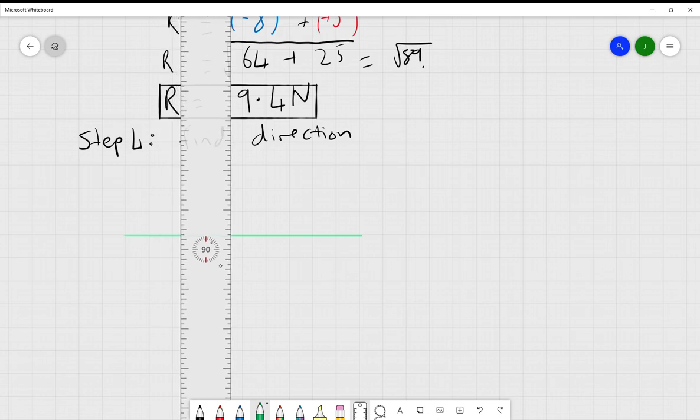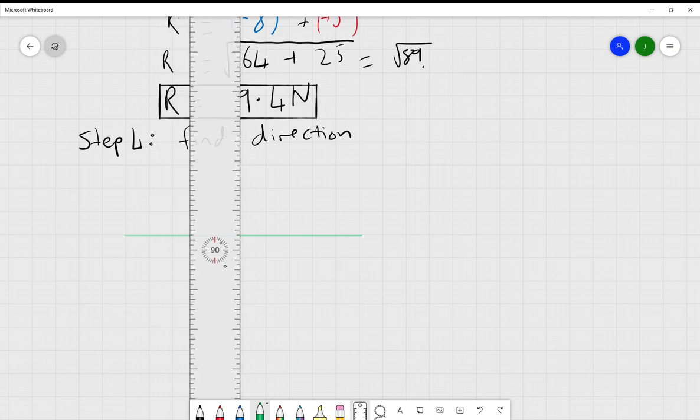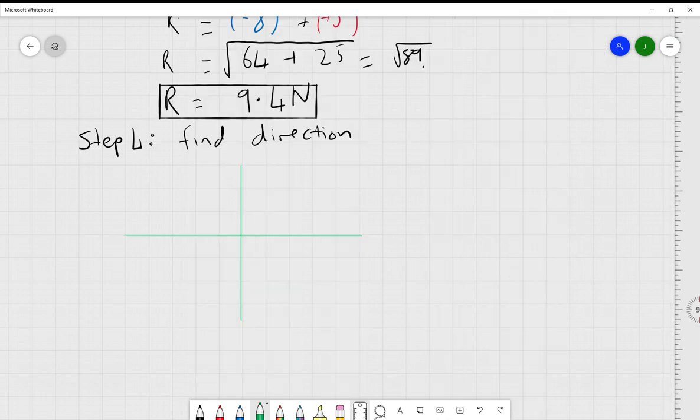Okay, so we'll do the Y here, and push that over there. As you can see, this will be our positive X, positive Y, negative X.